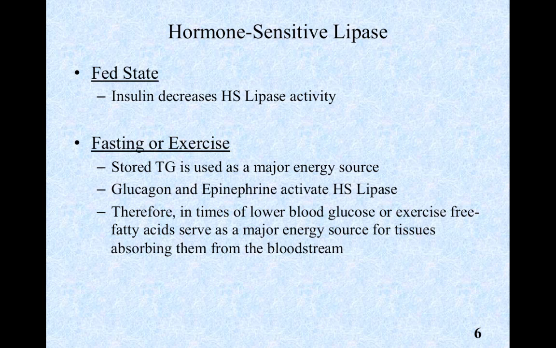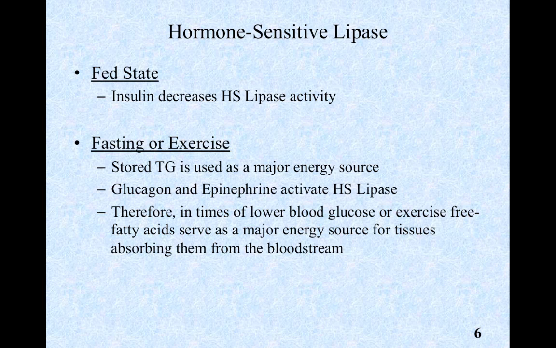Hormone-sensitive lipase is regulated by hormones. In the fed state, when carbohydrate is consumed, that increases insulin, and insulin decreases hormone-sensitive lipase activity. In fasting conditions, or in exercise, or in low or inadequate amounts of carbohydrate, the stored triglyceride tends to be used as a major energy source. Remember, our two energy sources are typically either fats or carbohydrate or a combination. If carbohydrate's not available, then we tend to use more fat for energy.